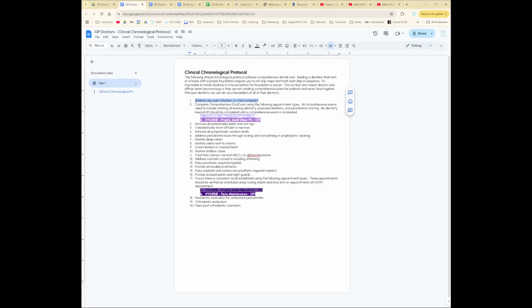Or sometimes what I'll see is an SRP being done on the first visit without having a larger plan of, do we need to get teeth out in that quadrant before we do the SRP? Another common one would be a crown that is prepped without taking care of the caries on the adjacent teeth.